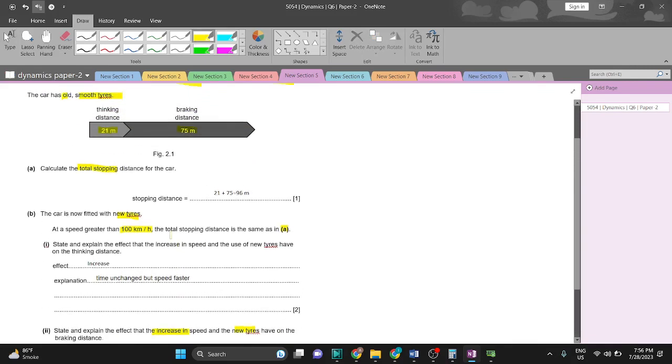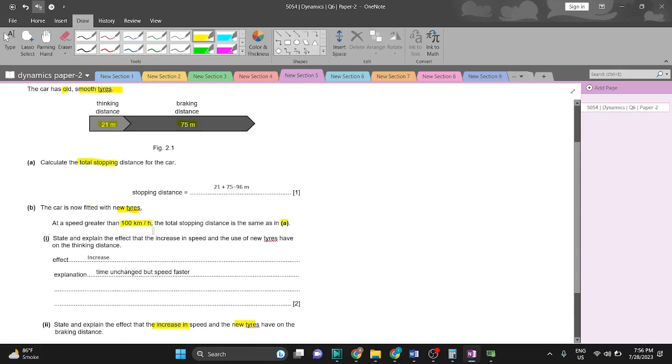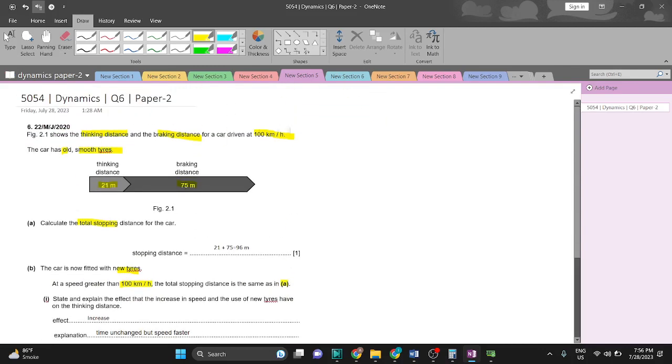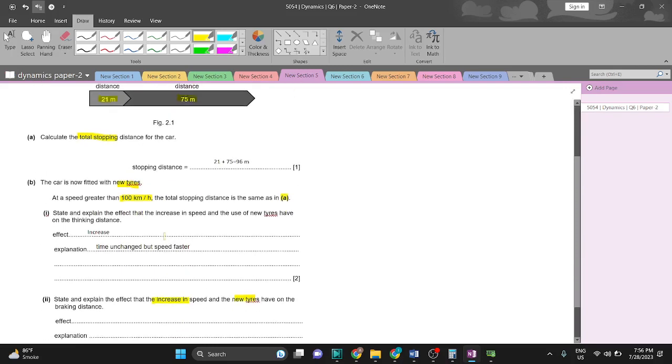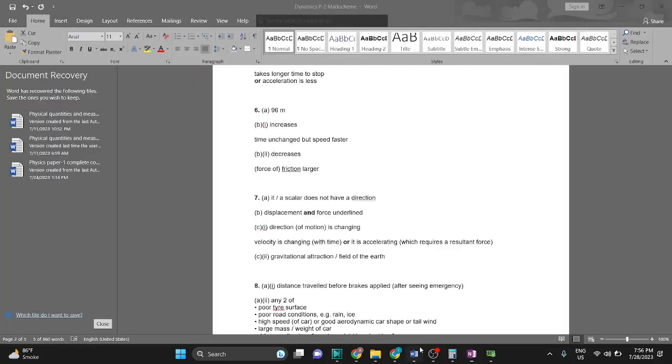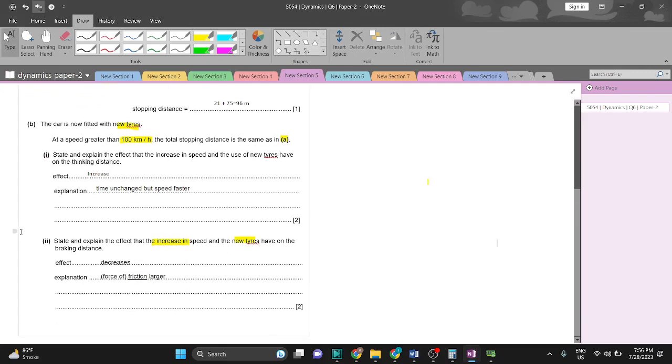They have already told you that at a greater speed than 100 kilometers an hour, the total stopping distance is the same. Here it was at 100 kilometers an hour, here it is greater than 100 kilometers an hour, right? So what does that mean? That means the force of friction is larger, meaning between the tires and the road. See, an increase in speed has come, new tires have come, so the braking distance will decrease.